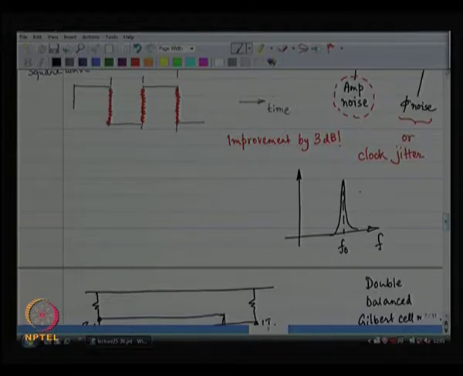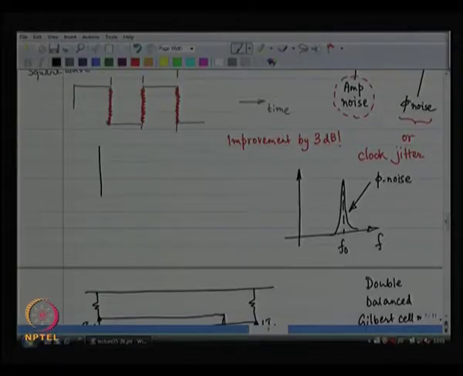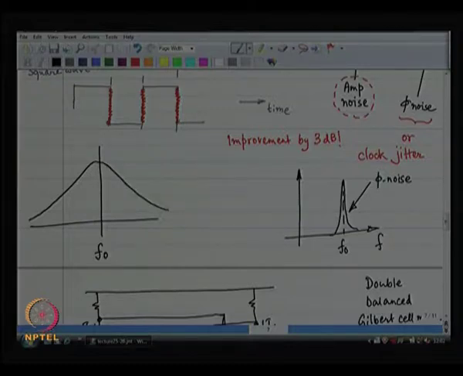All right. These skirts are because of phase noise, and phase noise is mathematically expressed in terms of how much this skirt is with respect to the center frequency at a given offset. So, suppose I exaggerate it, okay, and this is how the spectrum looks like.